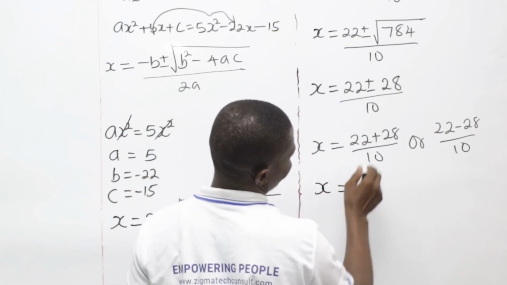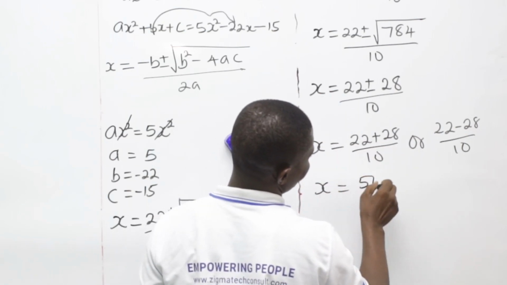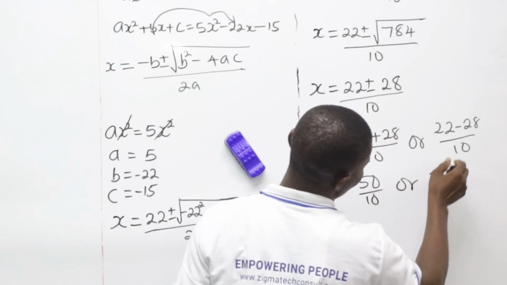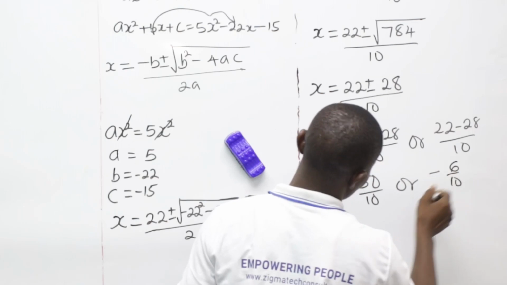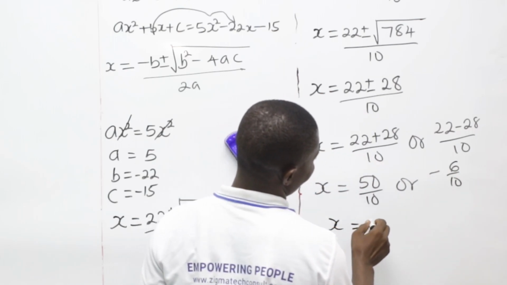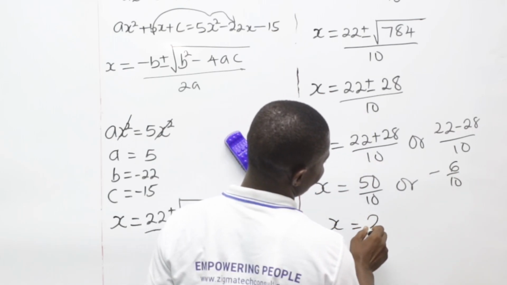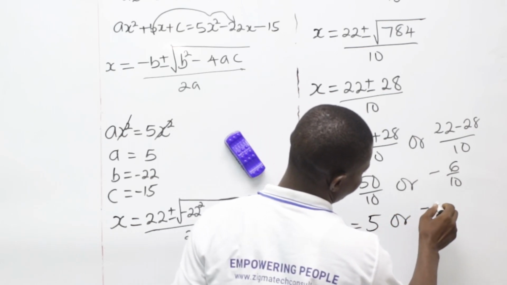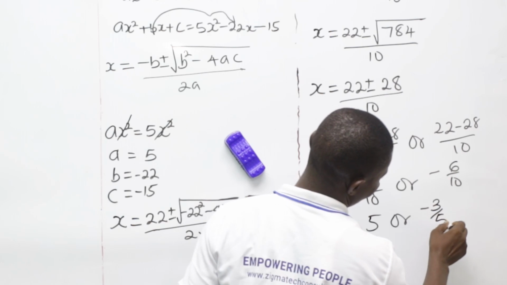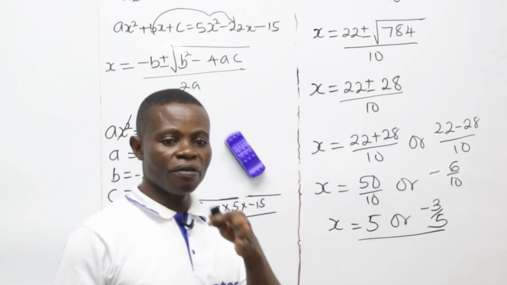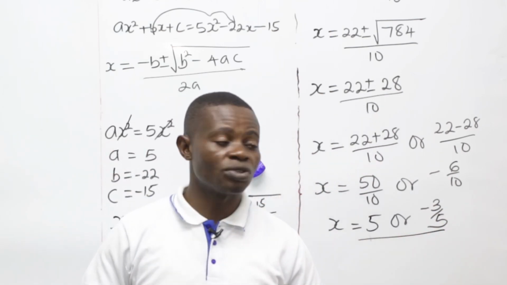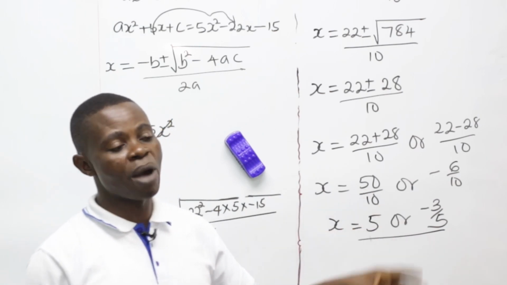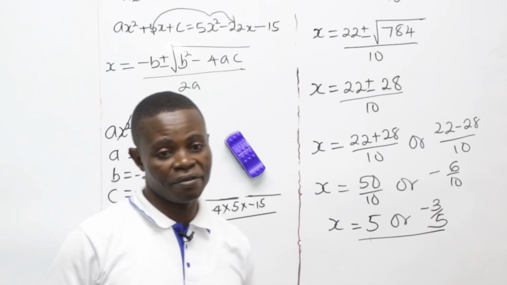From here now, this is 50 divided by 10 or minus 6 all over 10, x equals what? 5 or minus 3 all over 5. The value of x they said we should look for is either 5 or minus 3 over 5.